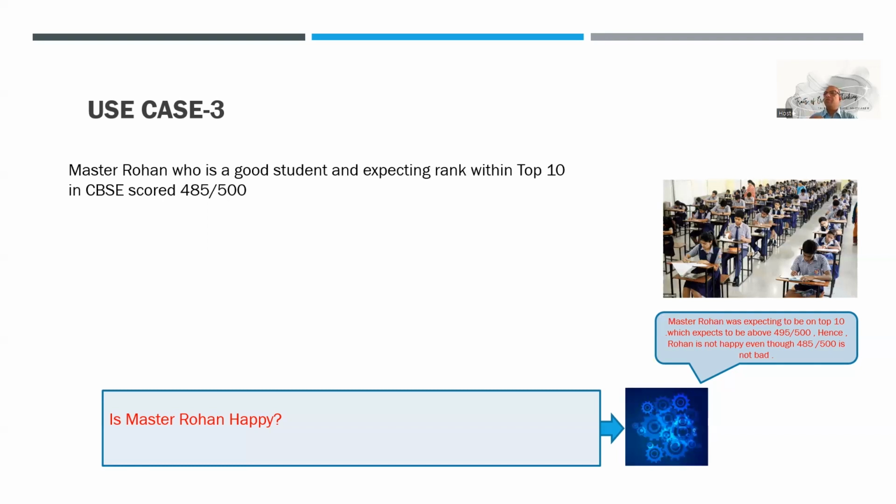His expectation was something different. Maybe it was touching 495 or even more than that, but he has scored 10 marks less than his expectation. This is situational, and that's why he is not happy. His being not happy doesn't mean his mark was less. Okay.